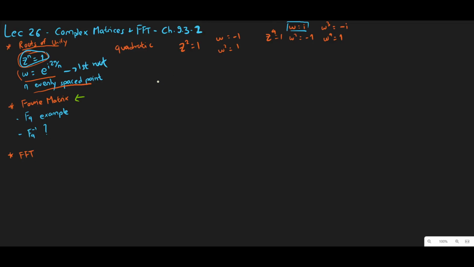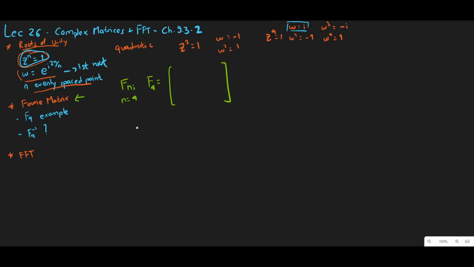So the Fourier matrix, let me give you, it's a special matrix, and let's say I'm interested in the Fourier matrix of n equals 4. So right now Fn, where n is 4, what will I have here?